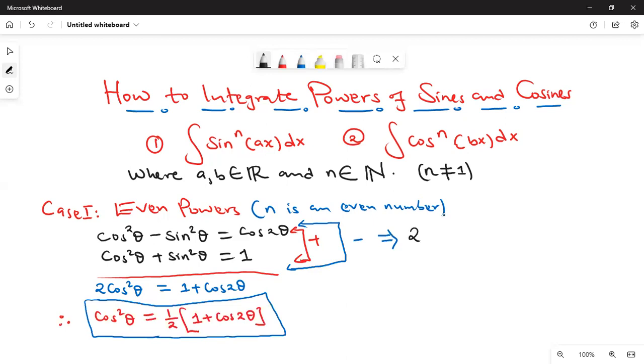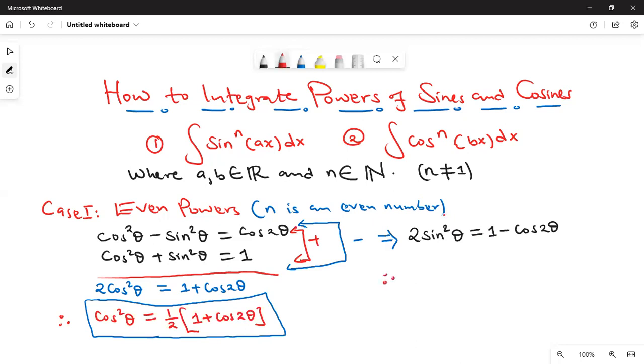So we'll have twice sine squared theta is the same as 1 minus cos 2 theta. I can divide by 2 on both sides to get sine squared theta as the subject of the formula.